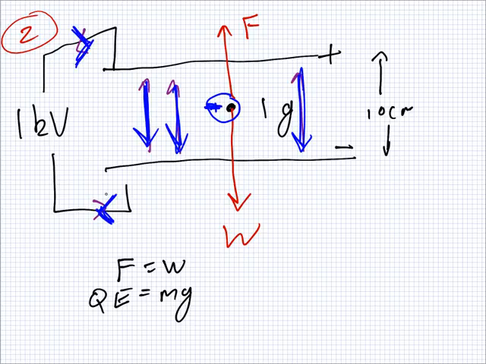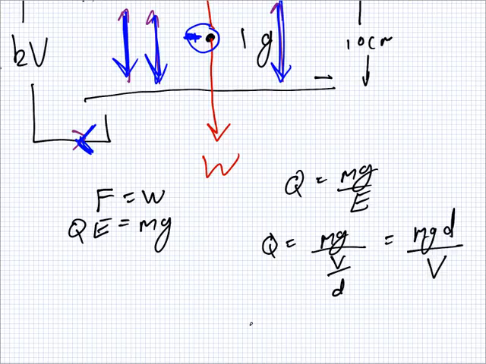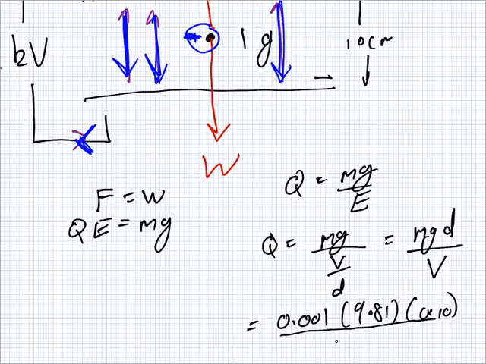Okay. So anyways, we have Q must equal mg over E. So that means Q must equal mg, and what's the formula for E? V over D. So that equals mgd over V, which is 0.001, 9.81, 0.10 over 1,000.